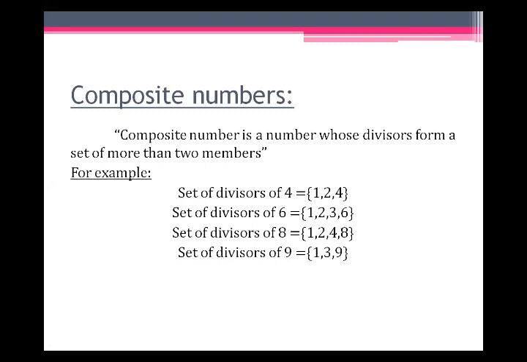Set of divisors of 9 is 1, 3 and 9. Set of divisors of 10 is 1, 2, 5 and 10. As you see students, all these numbers have more than two members in their set of divisors, so they are composite numbers.